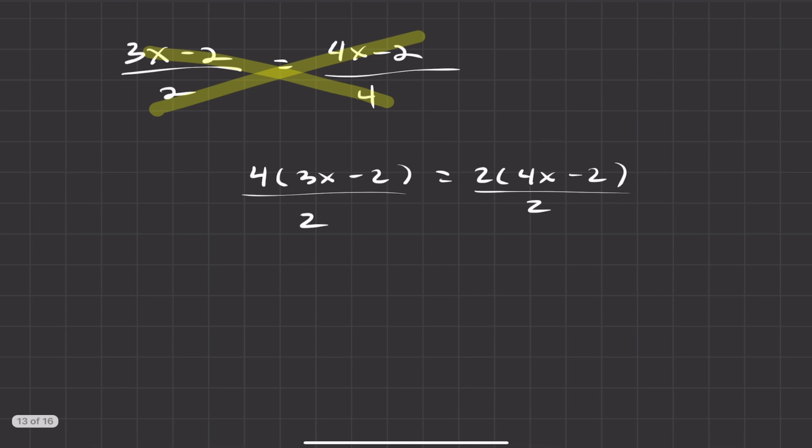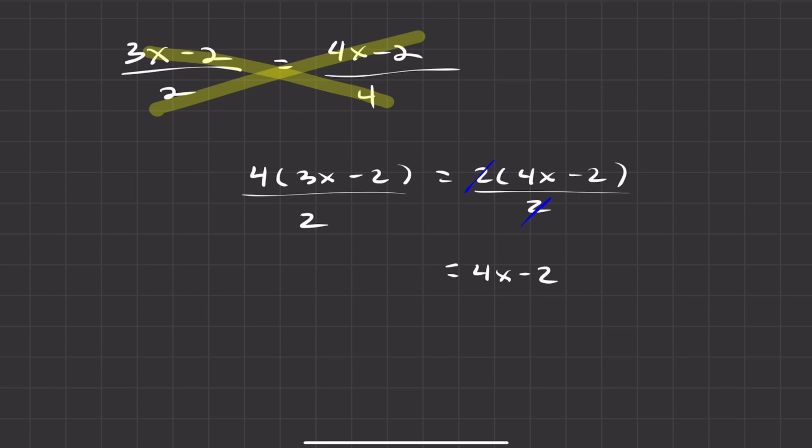I can cancel this 2 by dividing by 2 here on the right side of the equation, and then whatever I do on one side, I have to do on the other side. So 4 divided by 2, which is going to be 2. So these 2 2's cancel, so you're left with 4x minus 2.